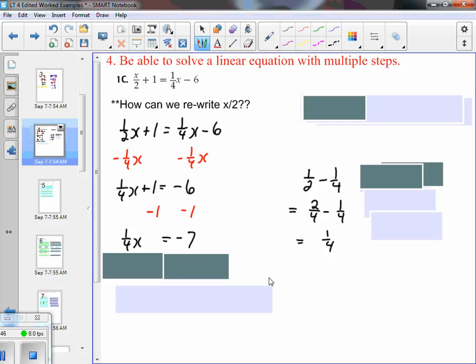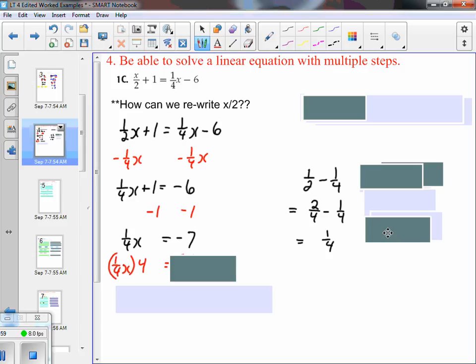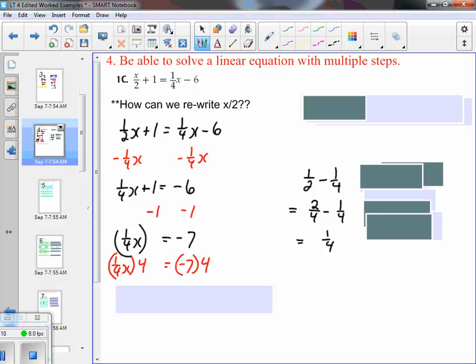On the other side, at this point, we divide. And we could technically divide by 1/4. But isn't it easier if we just multiply both sides by 4? Okay, so I'm multiplying the left side by 4. I'm multiplying the right side by 4. Now, I wouldn't normally write that on a separate line, but I wanted you to see what I was doing. What I would normally do is just do this from right there. I almost always write that down.